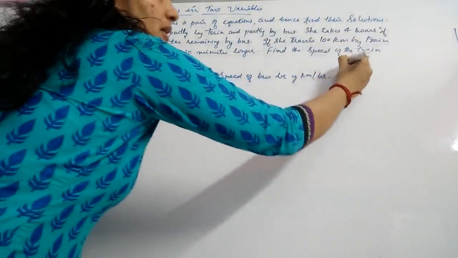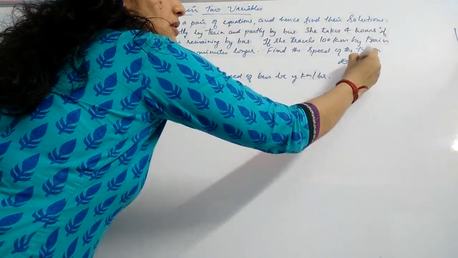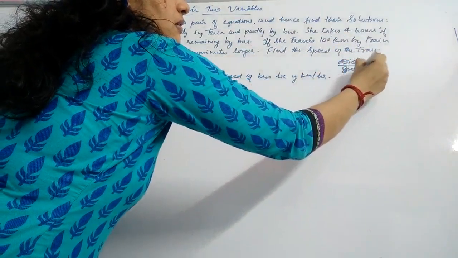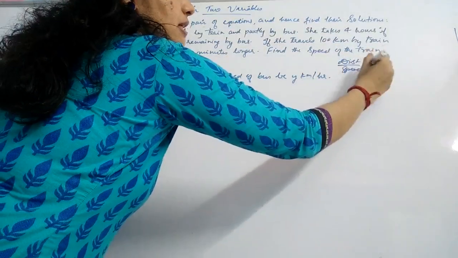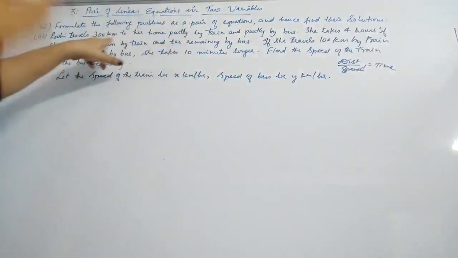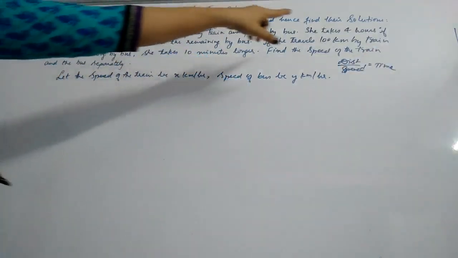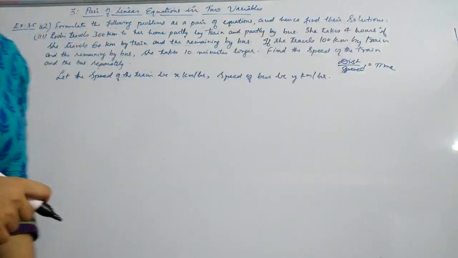Okay, we are using the same concept, distance divided by speed is equal to time. Why the time concept? Because here they are giving you the time also, that is she takes 4 hours. That means it can be equated to the time.